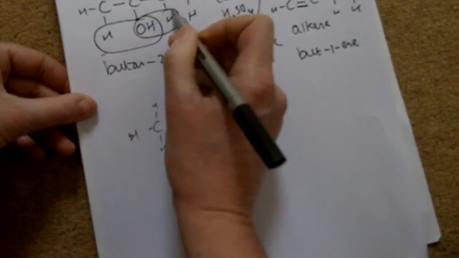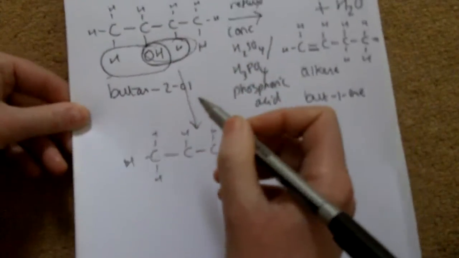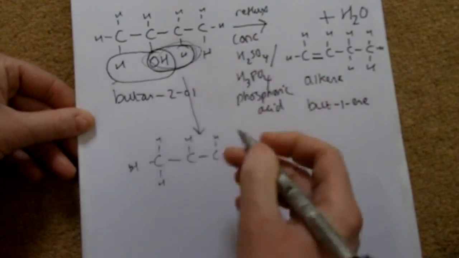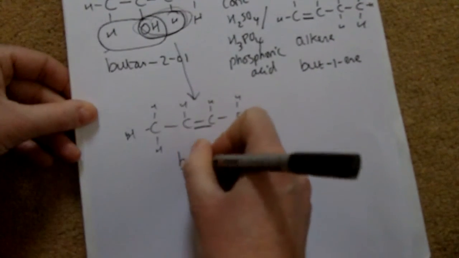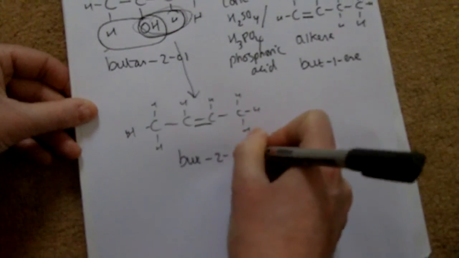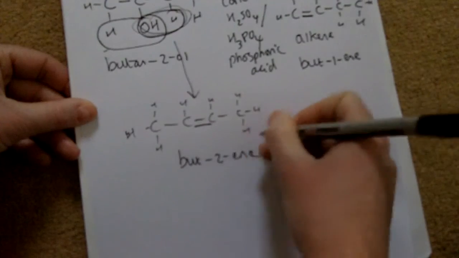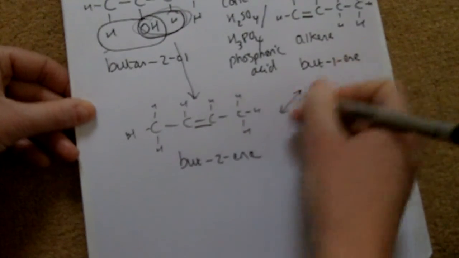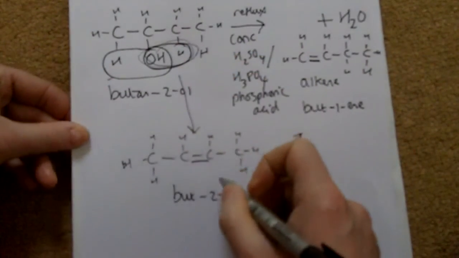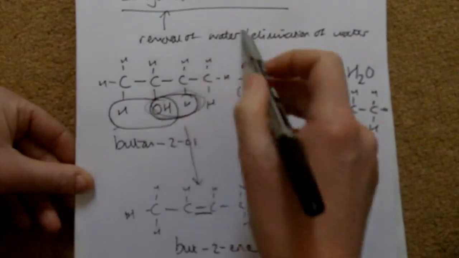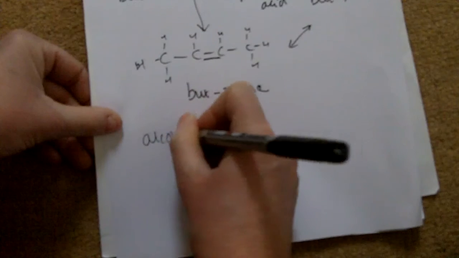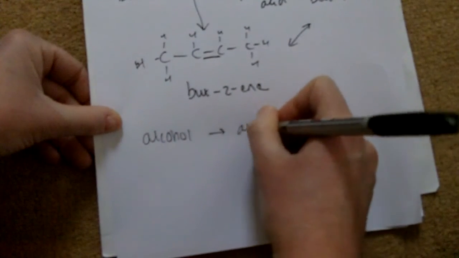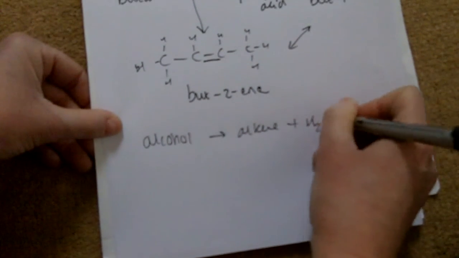So if it's eliminating that one instead, the carbon-carbon double bond is there, and that is called but-2-ene. So you get a mixture of products because it can eliminate water at either side. So it's called dehydration of alcohols. This is where you're going from an alcohol to an alkene plus water.